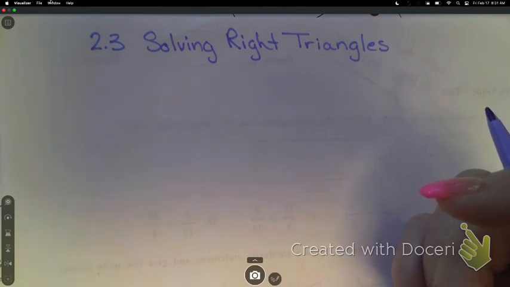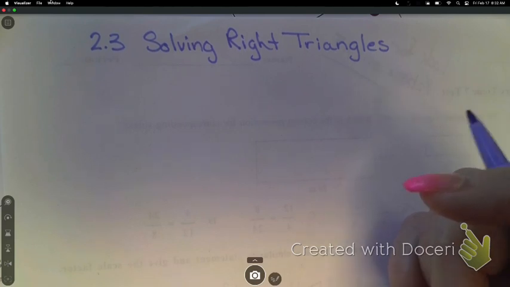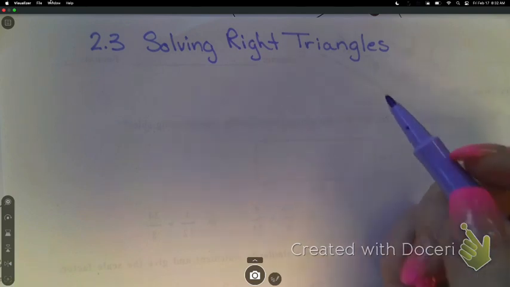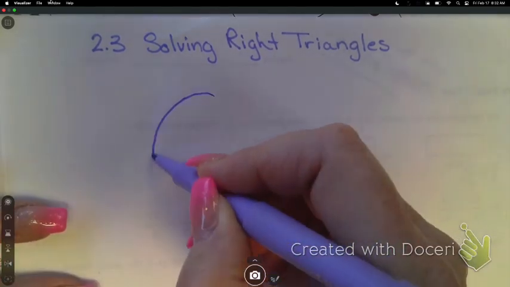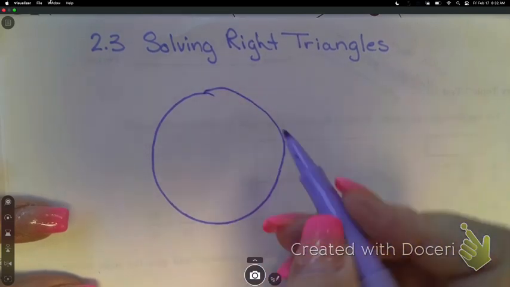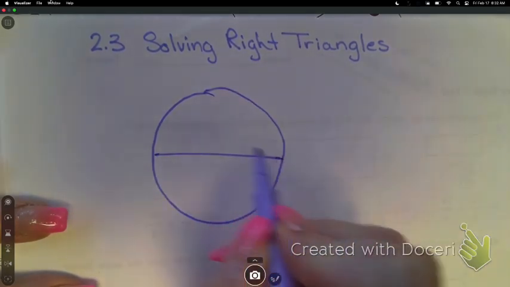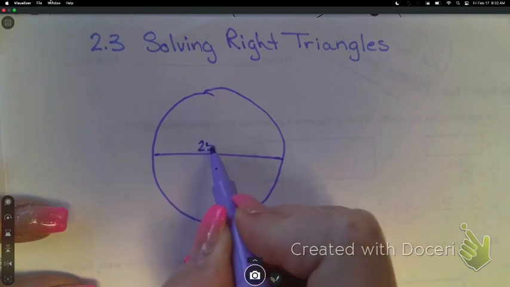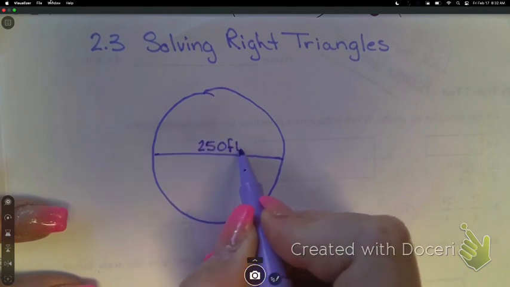It talks about the first Ferris wheel, which was designed and built in America by an American engineer, George W.G. Ferris, in 1893. The diameter of the wheel was 250 feet. So 250 feet across.